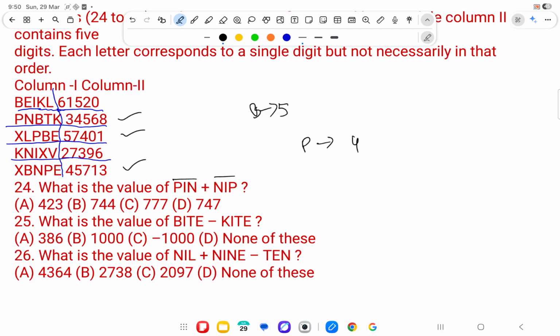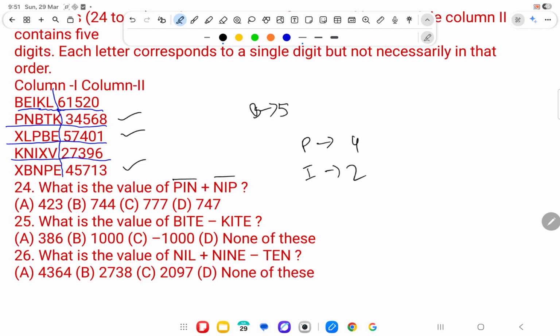K is repeated in second also. So first, second and fourth. What is common? 6 is common. Other than 6, in first and 4, what is common? 2 is common. So I is for 2.